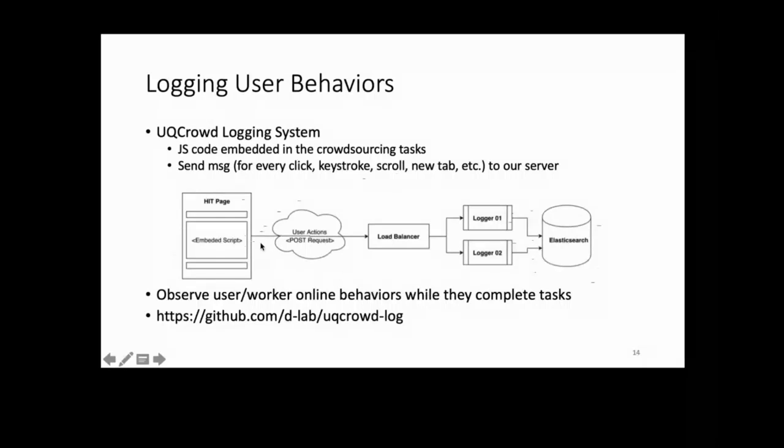Basically, every time a click is done or something is typed into a text area, the JavaScript code will send all this information to a server. So that's the setup I'm considering here. Let's see a couple of examples of why this data is useful.